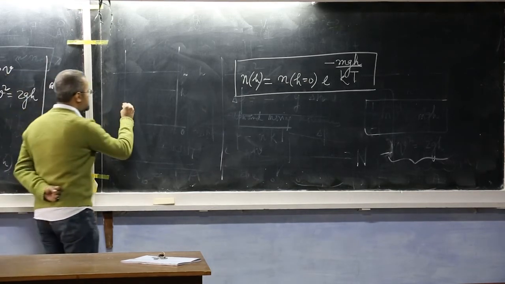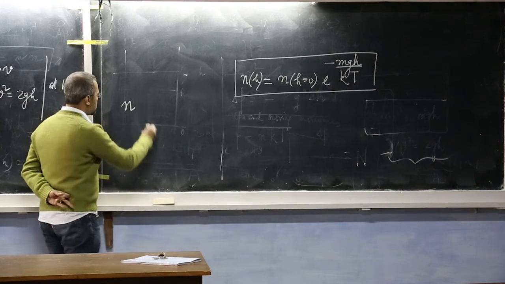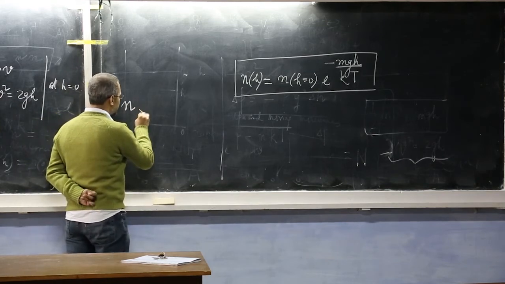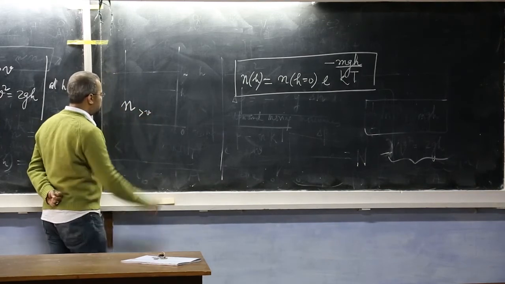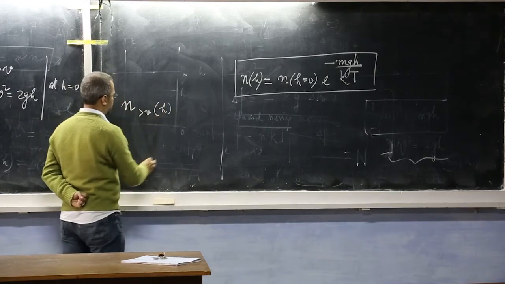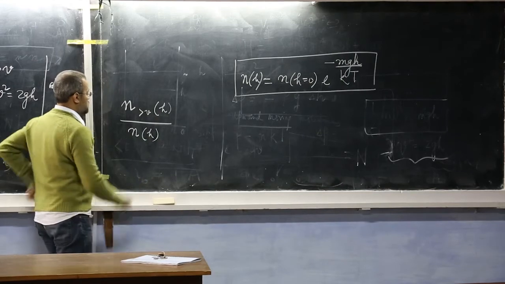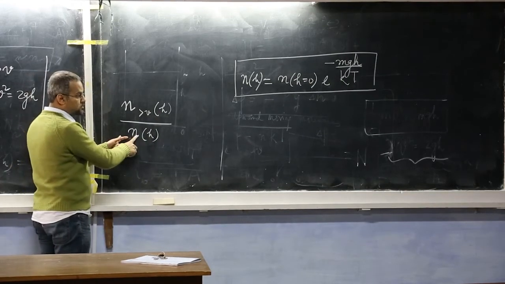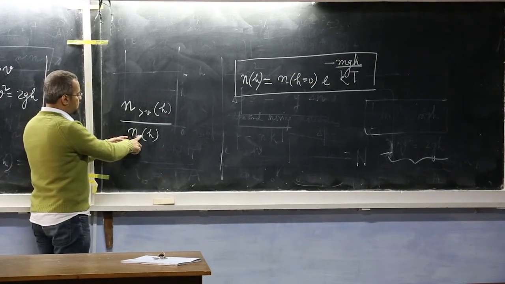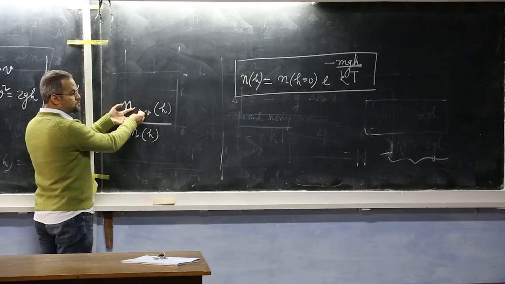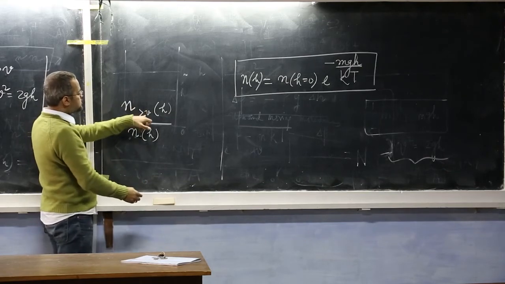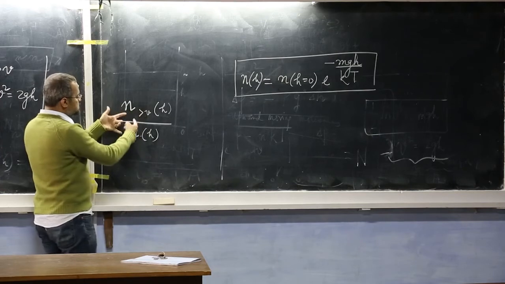So, since the distribution remains the same, we can immediately say that the number of molecules with speed greater than some velocity v at h divided by the number density at h, the total number density of all possible molecules. Now, this has all kinds of speeds, and this is some restriction on the kind of speeds we are interested in, moving upwards with velocity greater than v. Now, this is the distribution, right?